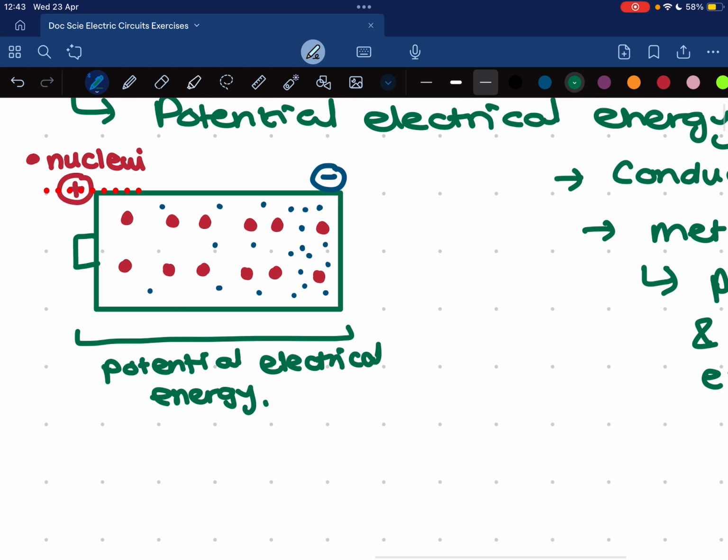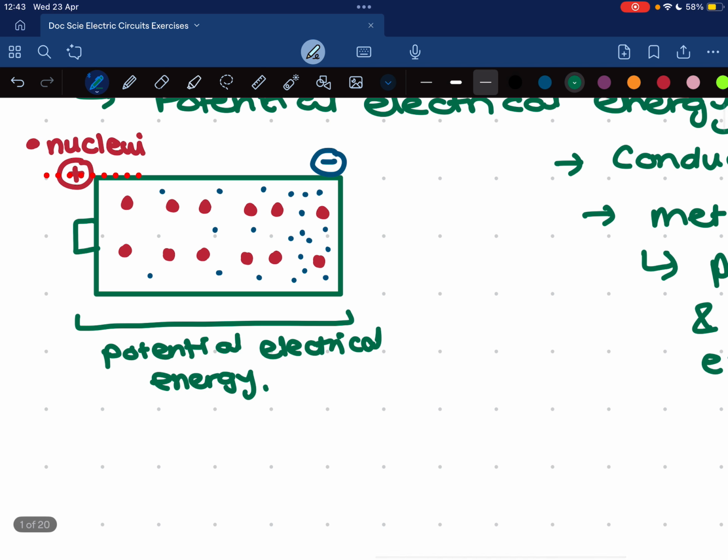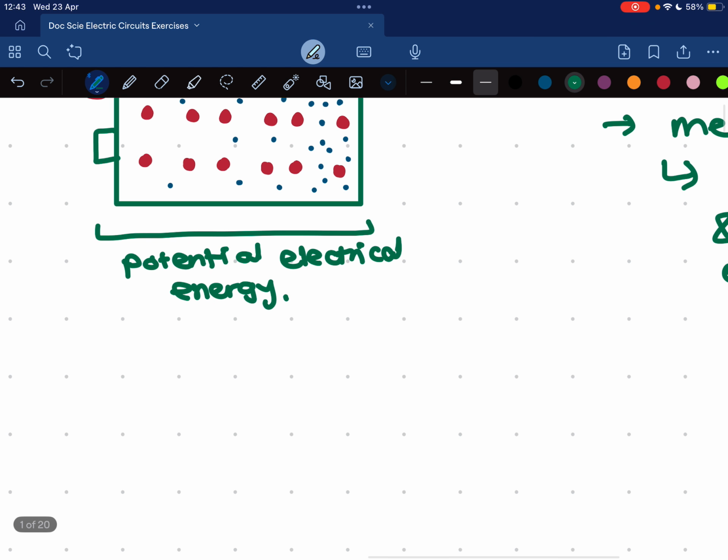So the potential difference that we have is due to this work that we essentially create by separating these charges. Now, work is something that we discuss a bit later on, but essentially it boils down to the fact that we are looking at the energy.